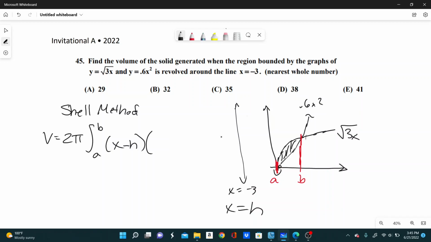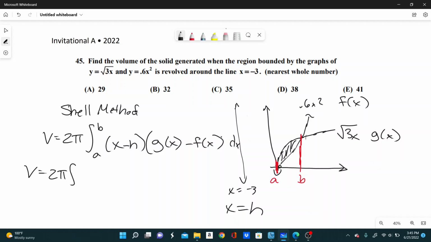So I'll say your higher function is g of x and your lower function is f of x. So inside these parentheses, you're going to multiply by the difference between your higher function and your lower function, and then dx.